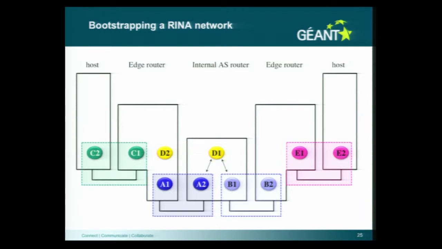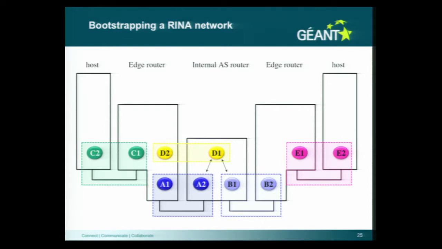So you start an IPC process here, and you would have to enroll with D1. So D2 would ask the IPC processes C1 and A1 if they can reach D1. A1 would respond positively, I can reach D1. So it would then enroll with D1.